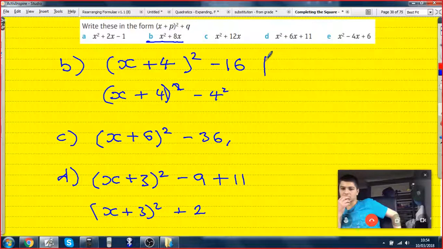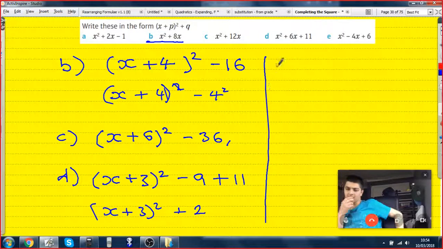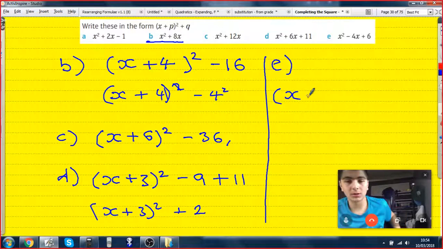And let's try the last one, E. Okay, so x minus 2 squared. Yeah. And then we would add at the end, would we add plus 16? So look at the bracket.